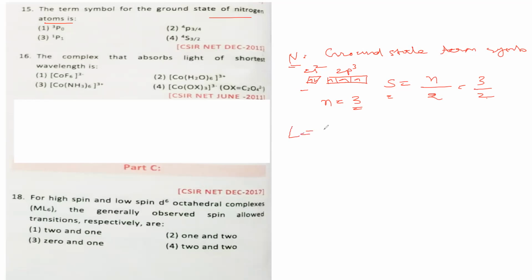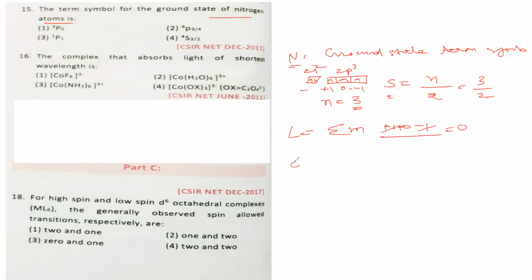L value is the summation of m value. What is m for this electron? It is +1. For this electron, it is 0, and for this electron, -1. So we have to sum +1, 0, and -1. They cancel each other and it comes 0.